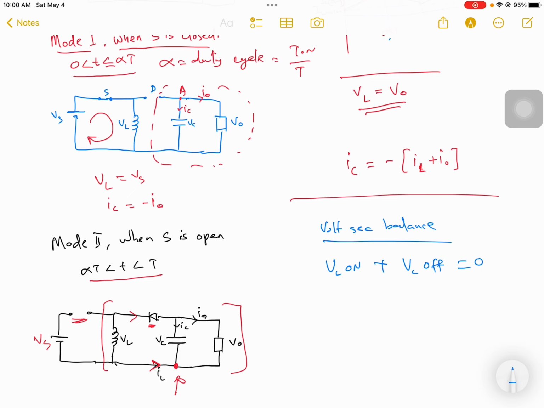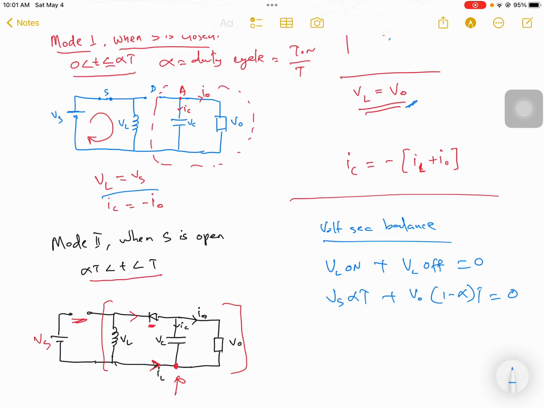So VL is given from here, it is Vs, and the turn on time is alpha T, plus your VL during the off condition, which is VO, and the turn off time is 1 minus alpha T if you write in terms of the duty cycle.